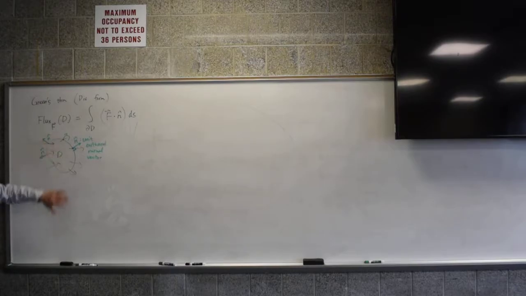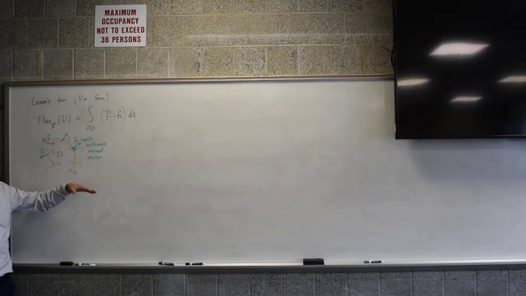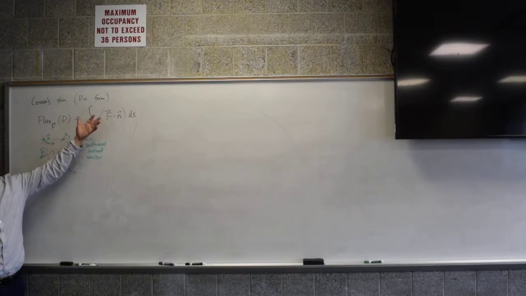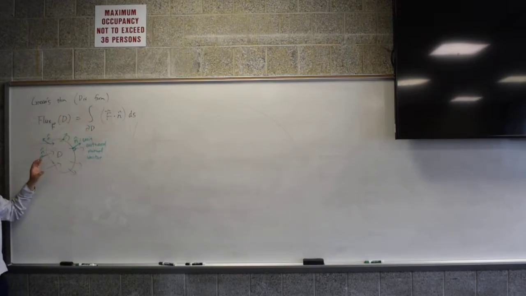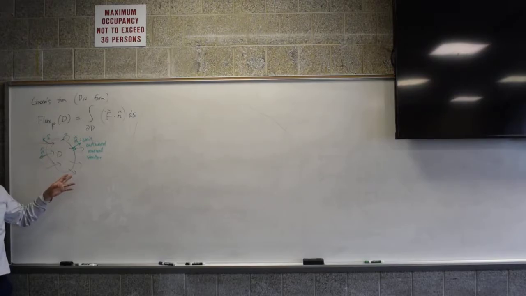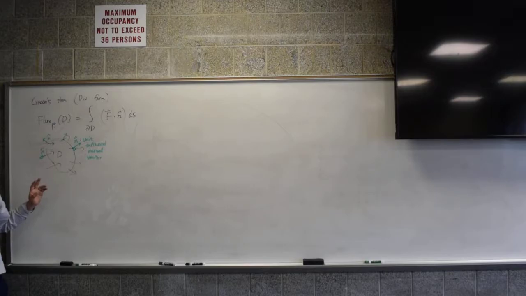If overall there's more vector fields coming out of the region, this flux will be positive. If overall more vector fields are going into the region, this flux will be negative. Okay? So in physics, you learn it as the following terminology. If the flux around D is positive, that means there's a source inside the domain D. Okay?